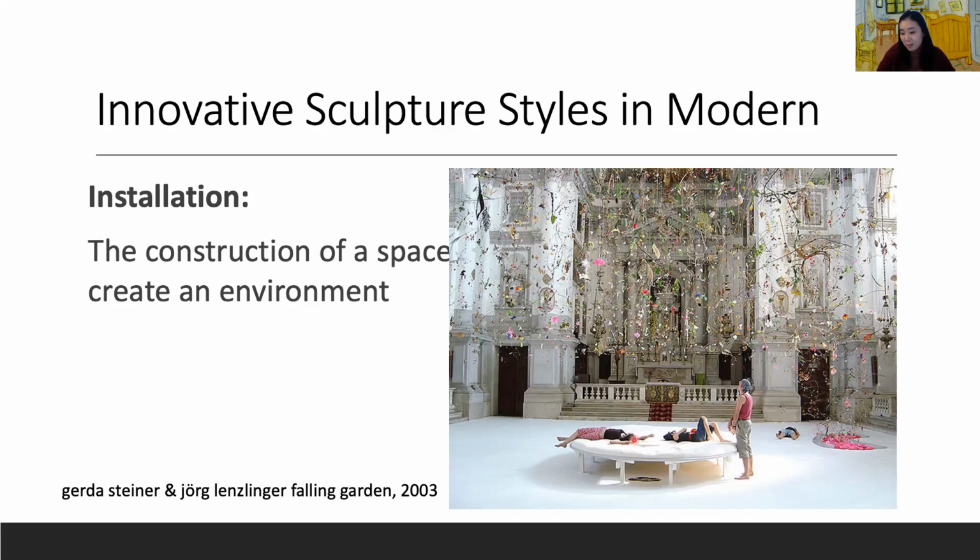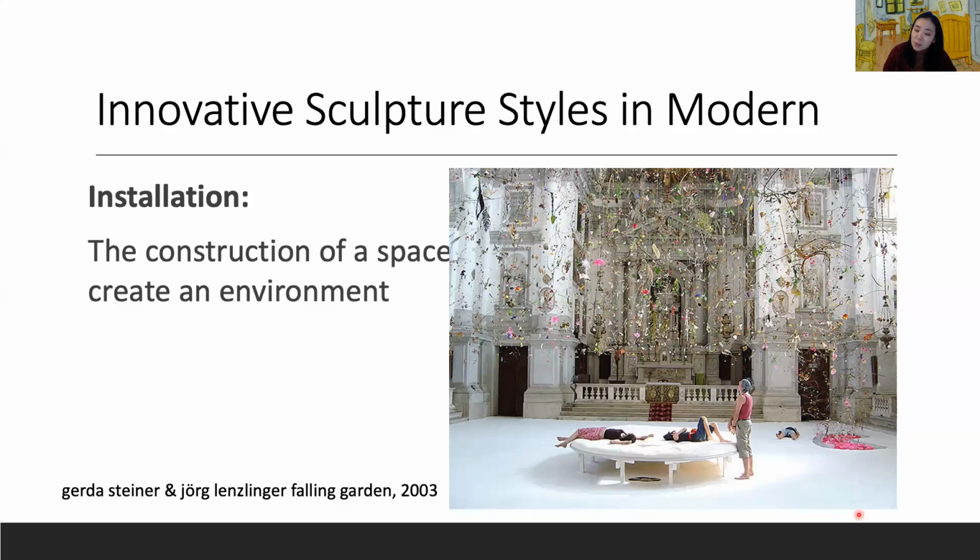And look at the viewers. They are lying on the sofa, lying on the table to see the work, right? So the viewers can walk in through the work of art when the artist uses installation. So that is the installation. Modern artists have explored many ways of expanding the range of sculpture as a medium.